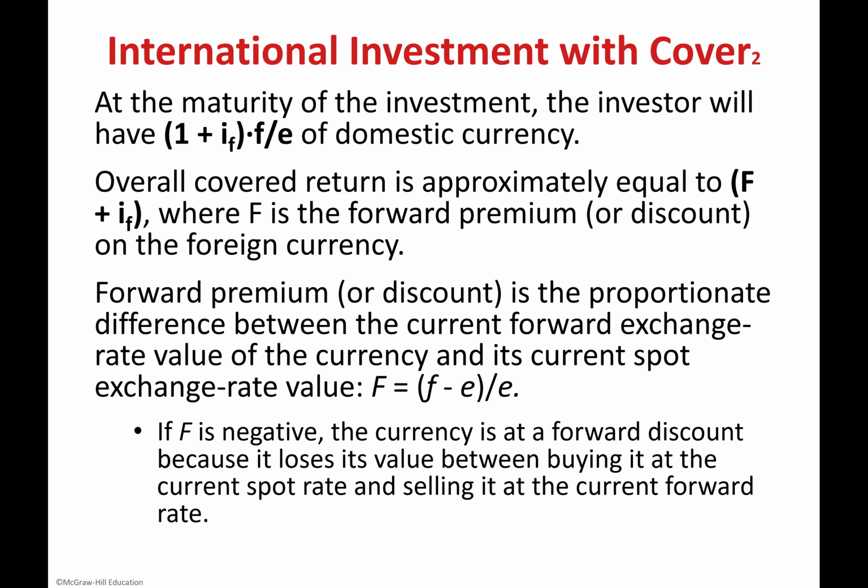So overall, the covered return is approximately equal to cap F plus i_F, where cap F is the forward premium on the foreign currency. So we've got to define what the forward premium is here, that cap F. It's the proportionate difference between the current forward exchange rate and its current spot rate. So it's F minus E divided by E.